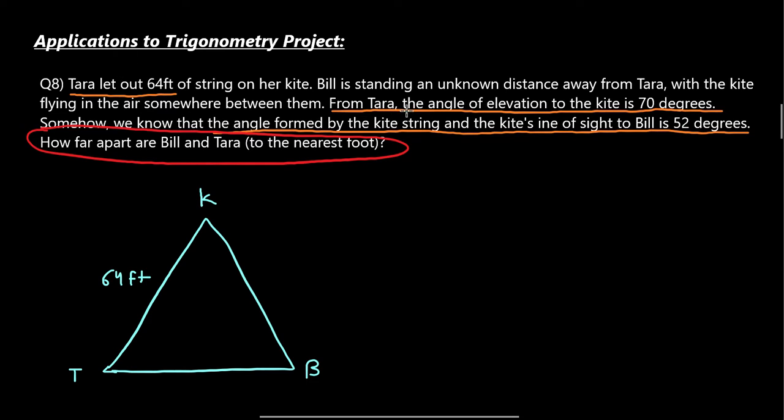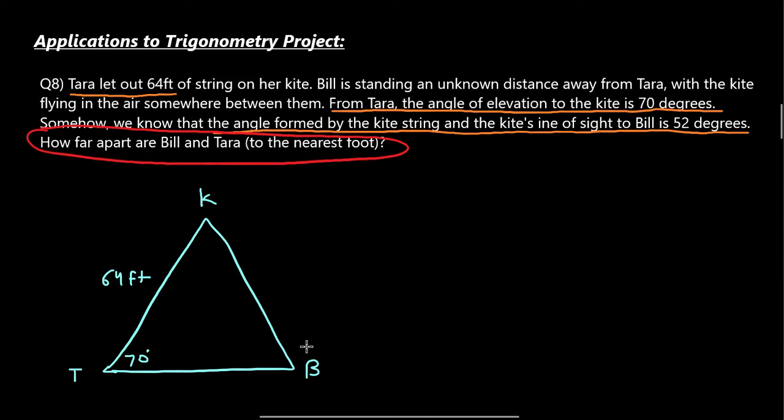Next given. From Tara, the angle of elevation to the kite is 70 degrees. So we have 70 degrees right here. That's her angle of elevation looking up to the kite. The angle formed by the kite string, which is of course this right here, TK, and the kite's line of sight to Bill is 52 degrees.